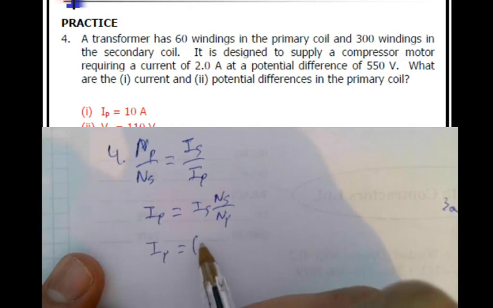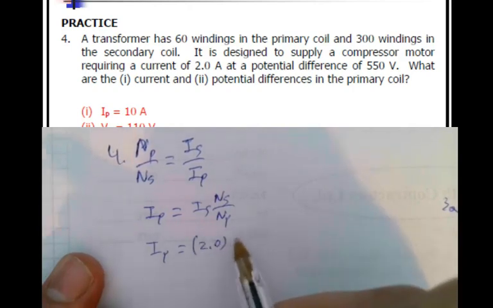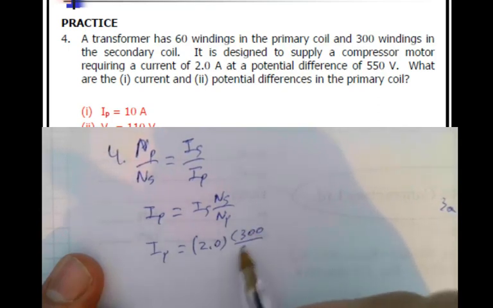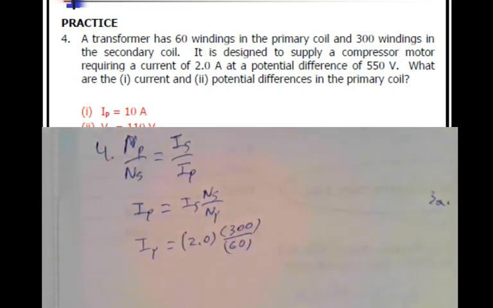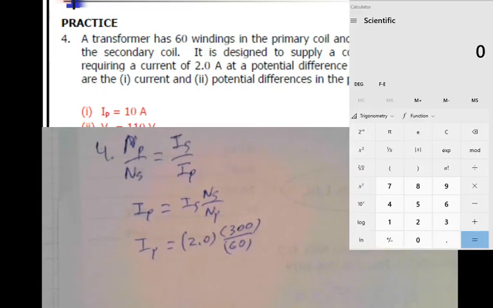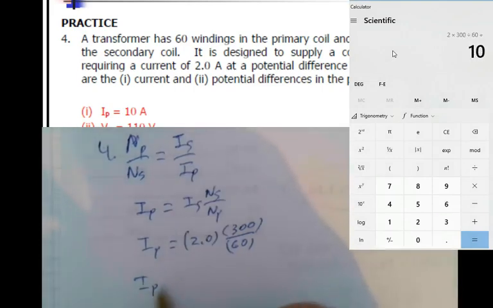Is is 2.0, Ns is 300 over 60. Two times 300 divided by 60, we have 10 amps.